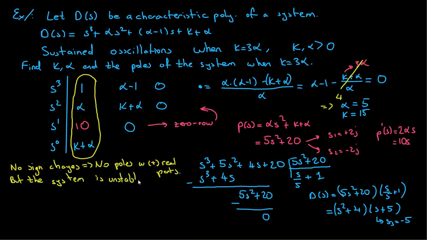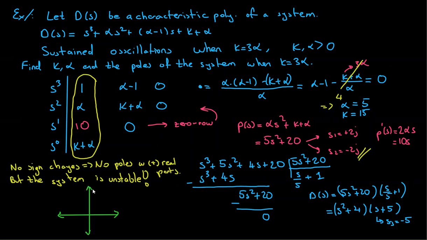And why? That's because of the imaginary poles there, right? We have purely imaginary poles lying on the j omega axis. So maybe I can plot the pole positions like this on the S plane.